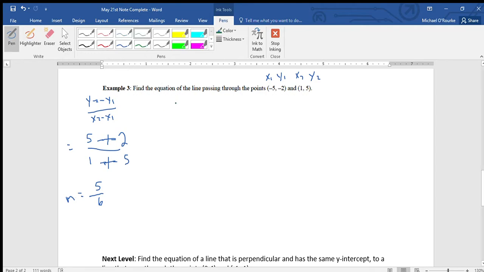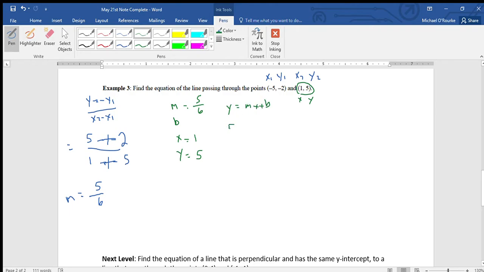Now let's do our b. Let's list m, b, x, y. I'm not going to pick that point, it's got two negatives, so I'm going to pick this as my point. So that's going to be my x and y. That equals 1, that equals 5, and m equals 5 over 6. So let's plug everything into the equation.